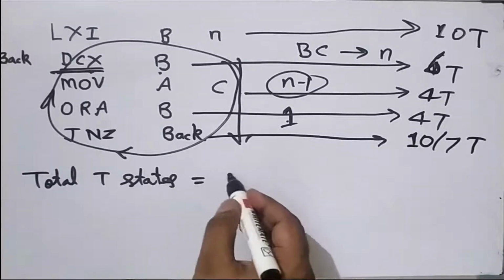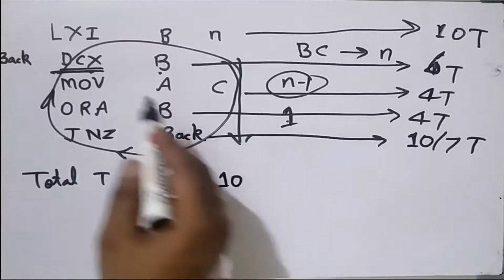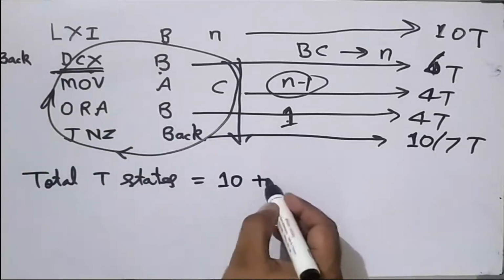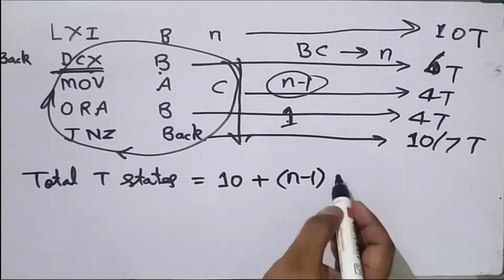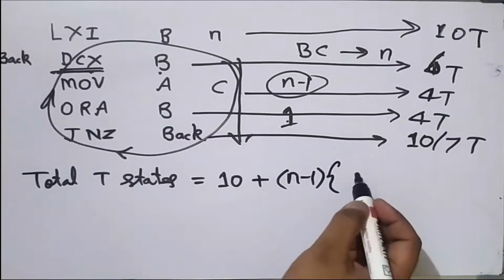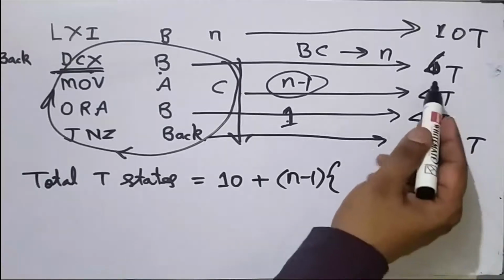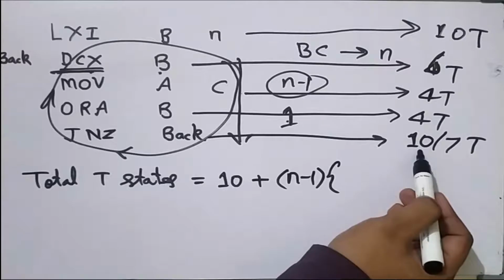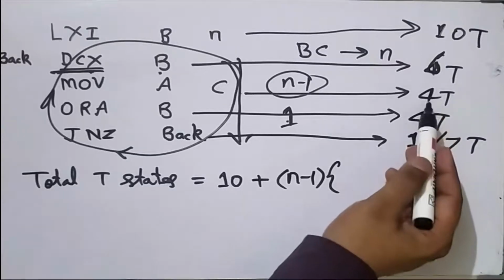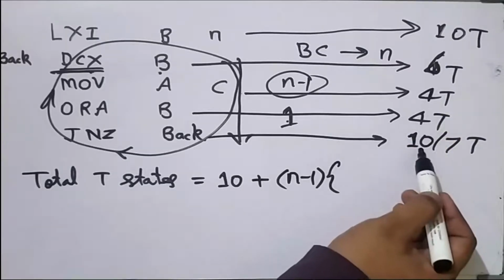Now first 10 T for LXI plus n minus 1 times the loop. And what is the consumption of the loop? Calculate 6 plus 4 plus 4 plus 10 when the loop continues: 6, 10, 14, then 10, 24.